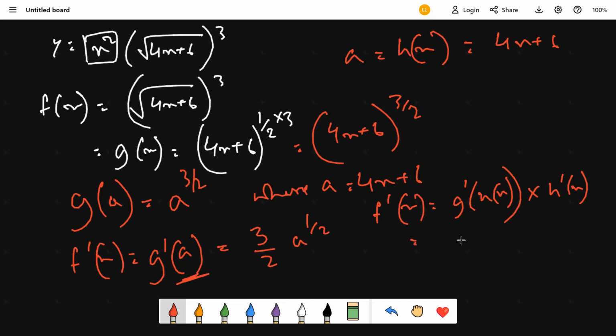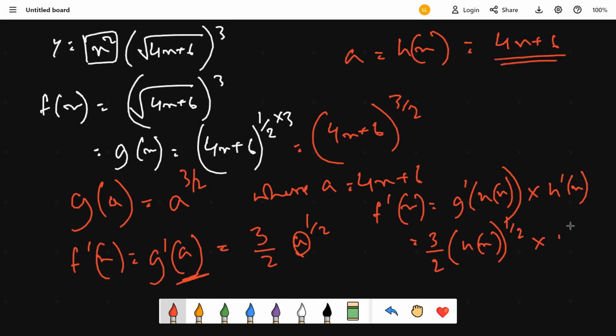So g prime of h of x is 3 by 2, and a is represented as h of x. So g prime of h of x is 3 by 2, and simply representing a with h of x gives us h of x to the power 1 by 2 into h prime of x.